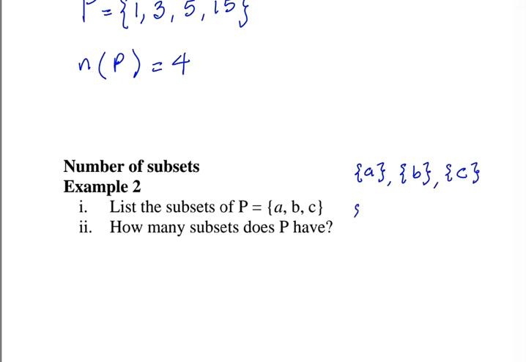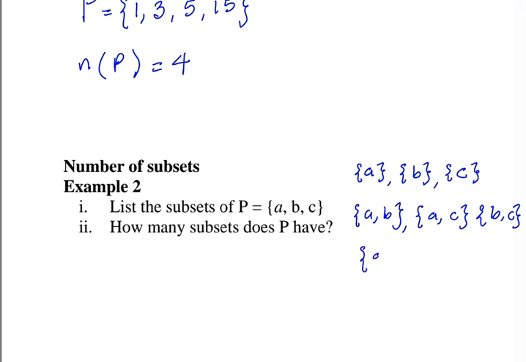Now let's take them two at a time. So AB, that would be a subset. AC would also be a subset. And BC would also be a subset. So that's 6 so far.